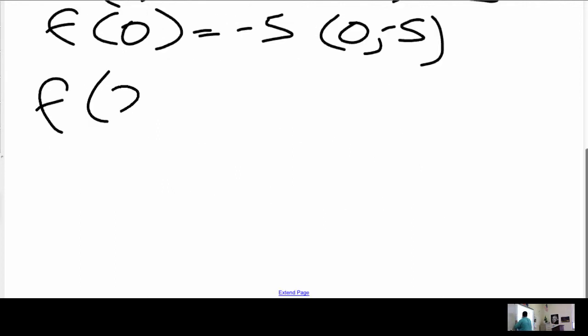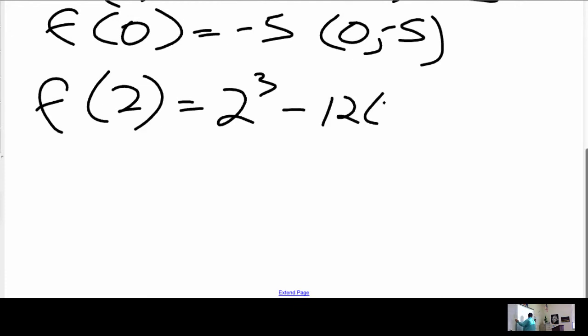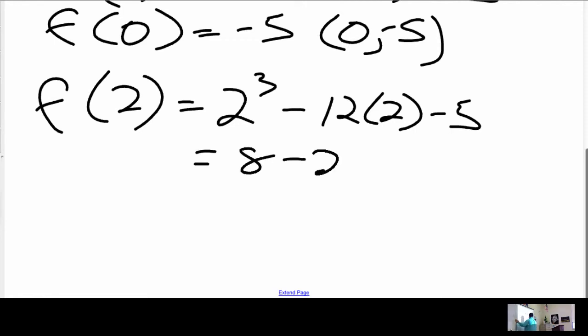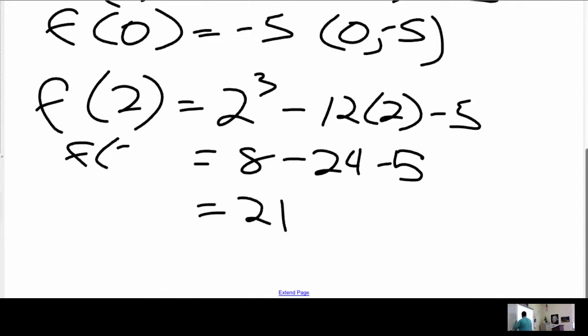Then I need f of 2, which is 8 minus 24 minus 5, which is 21, isn't it? Yeah. Is it 21? I got negative 21 though. Yes, you're right. It's negative 21.